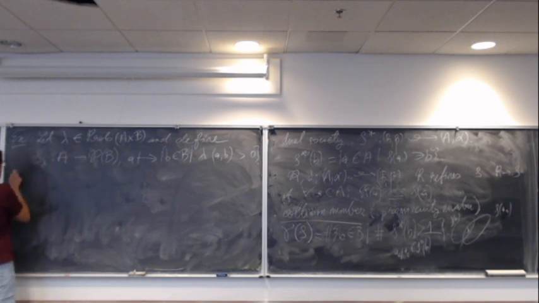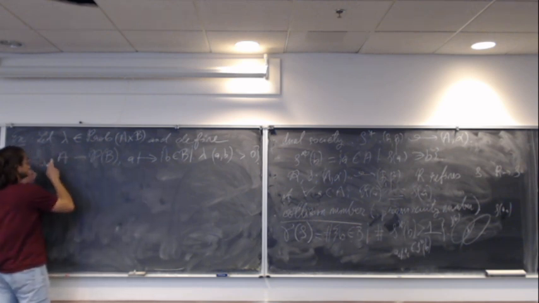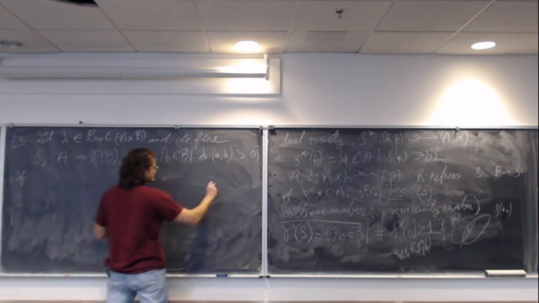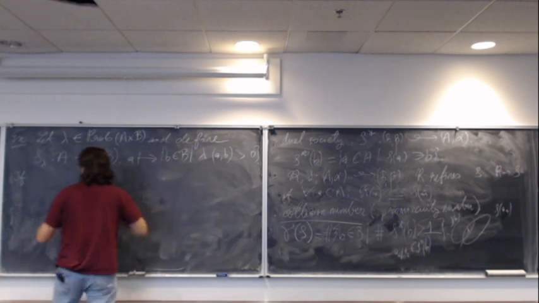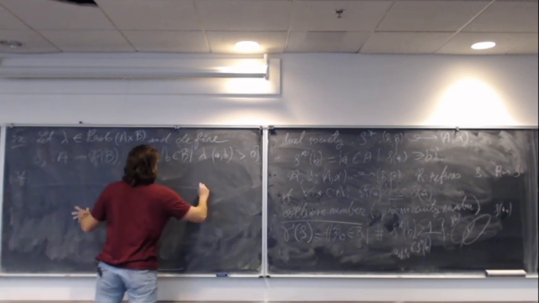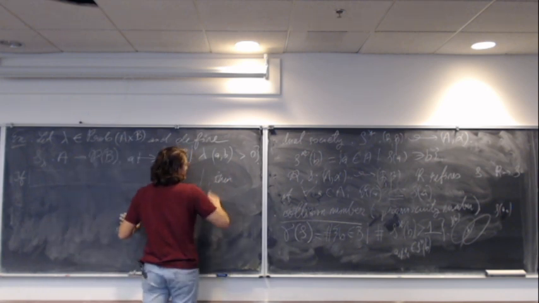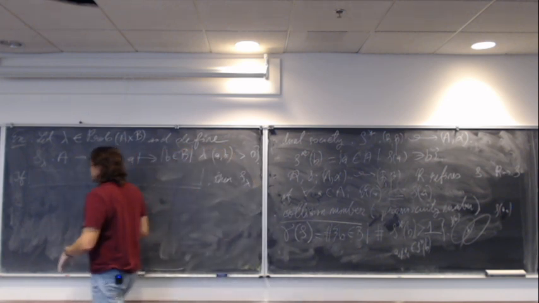I'm going to put assumptions here. If something happens, then this is going to be a society. If this, then S sub lambda is a society.